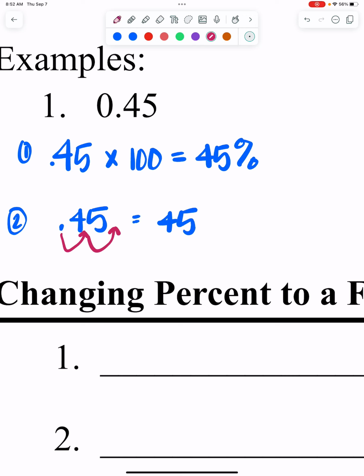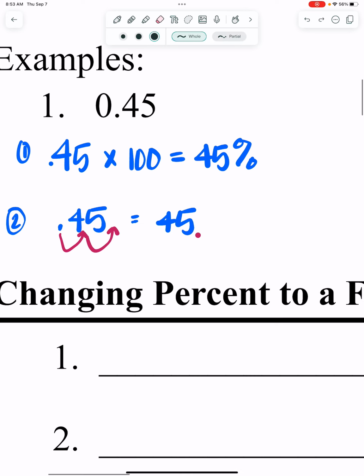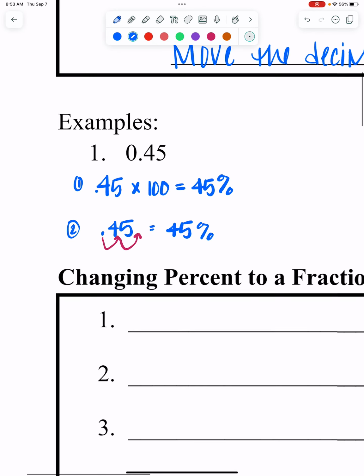That decimal is now right behind the 5, but we don't write it. And we put the percent on the back. Whichever way works for you is what I want you to do.